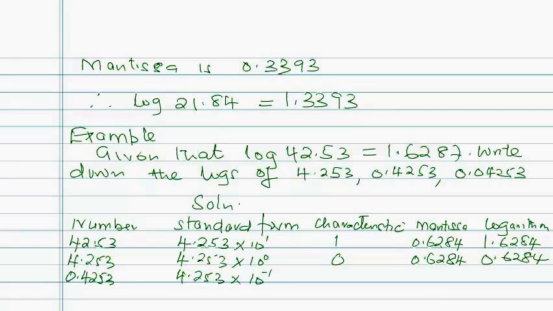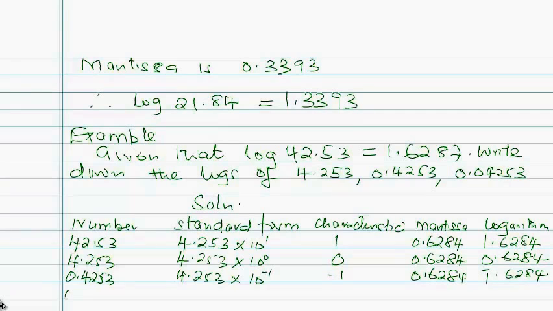So our characteristic is -1, and the Mantissa still is 6284. But now the logarithm is not written as negative, but we say it is bar 1. We put the bar on top instead of being on the side, 6284.